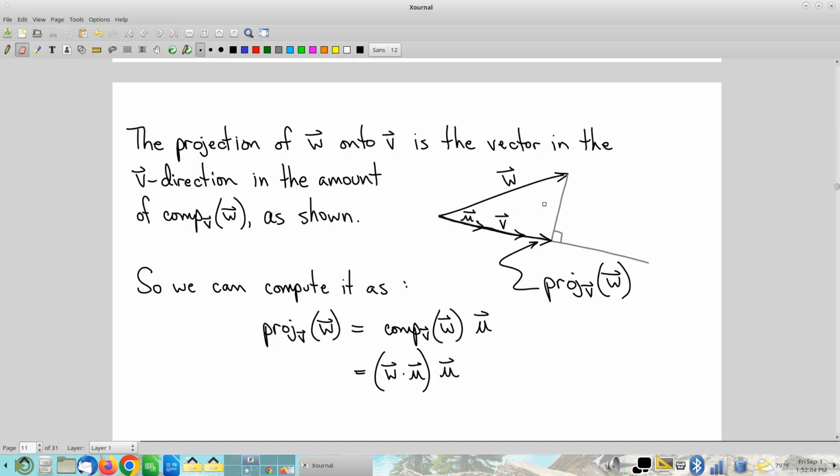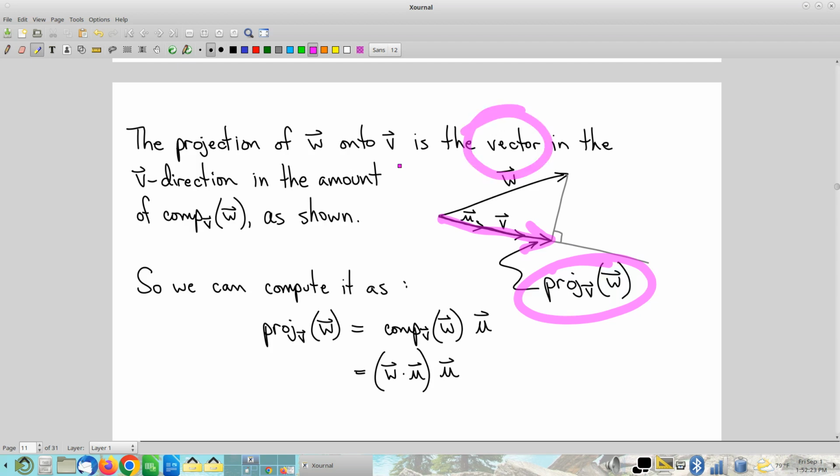And so what is the difference here? The difference is that this thing I'm interested in, the projection, is a vector, not a scalar.